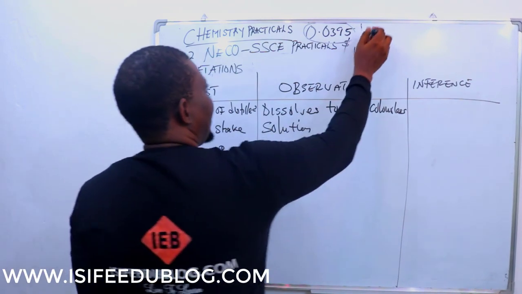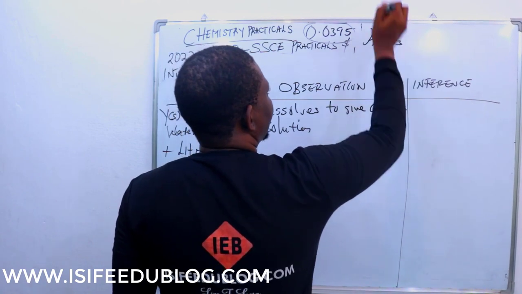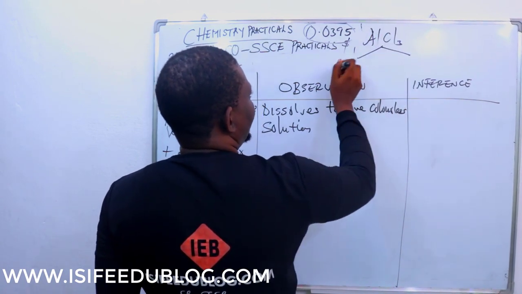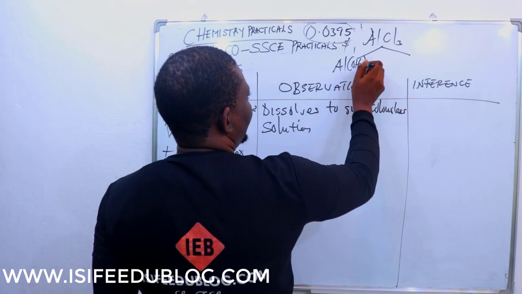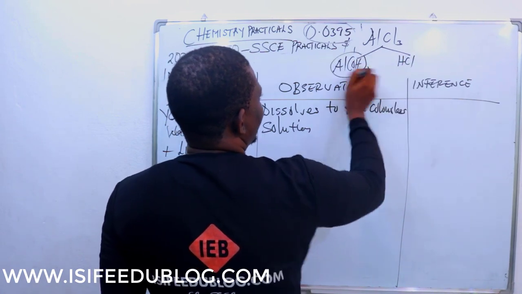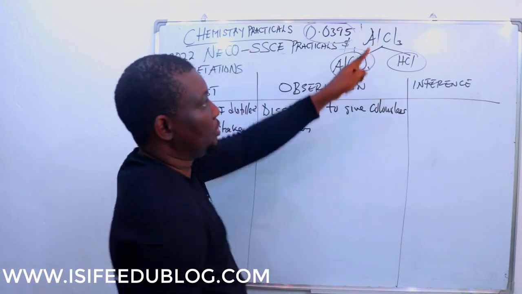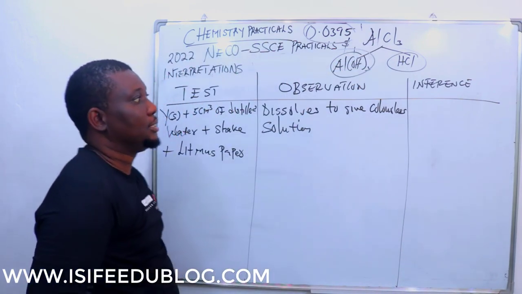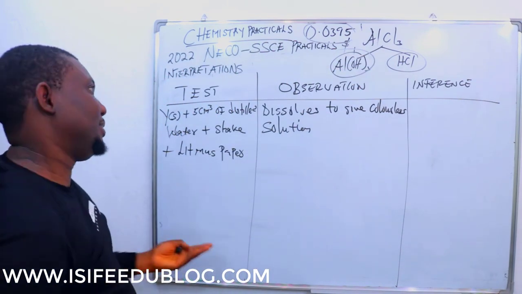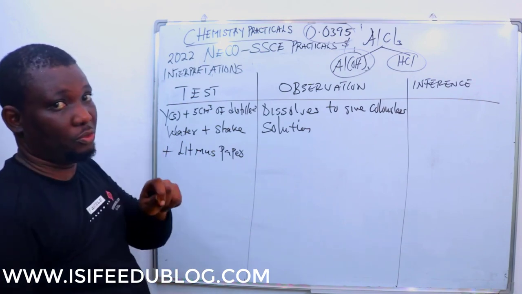Now look at it. AlCl3. Okay, this is a salt from aluminium hydroxide, possibly, and HCl. So this is going to be a weak base and this is going to be a strong acid. So this is acidic. That's why it's called a Lewis acid. So it's going to be more of an acidic salt, and you know what it's going to do to litmus paper.